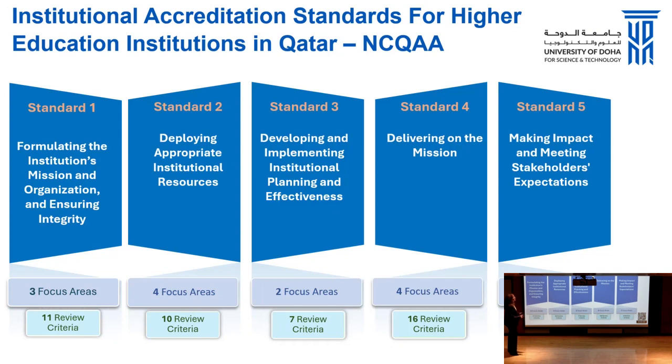So really, the way the NCQAA has built these standards, when you are responding to a review criteria, you're also formulating a more detailed response to the focus areas that then will answer how the institution is addressing each of the standards. And there are 5 standards. In total, there are 48 review criteria. We are in the process of developing that self-study report and responding to those review criteria.